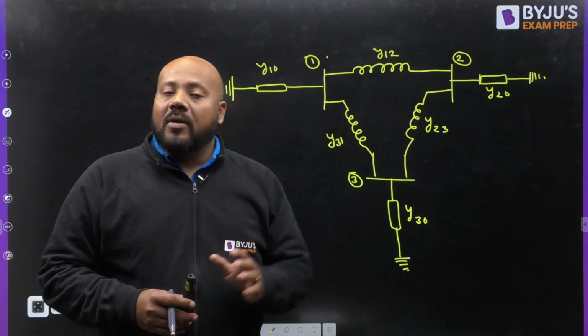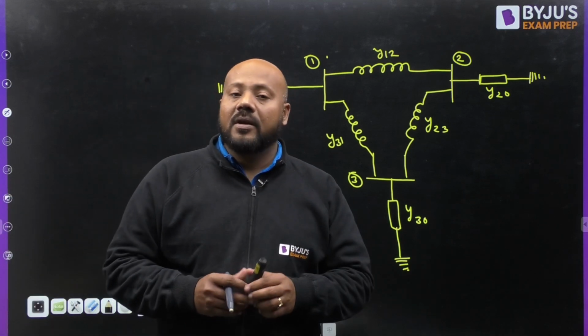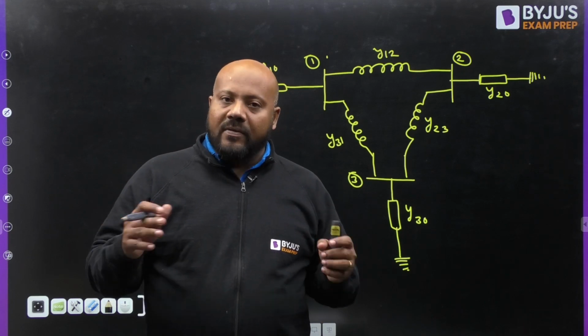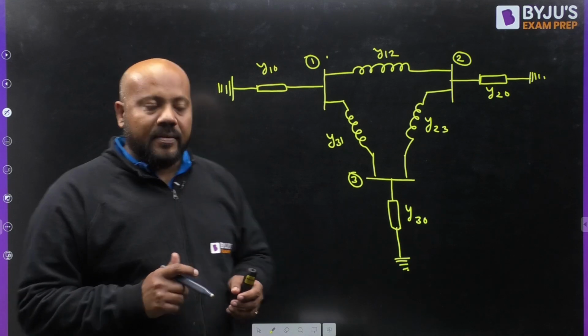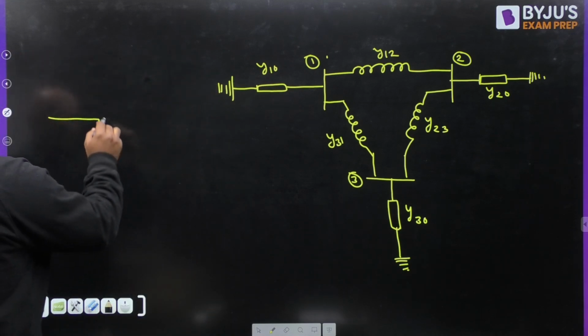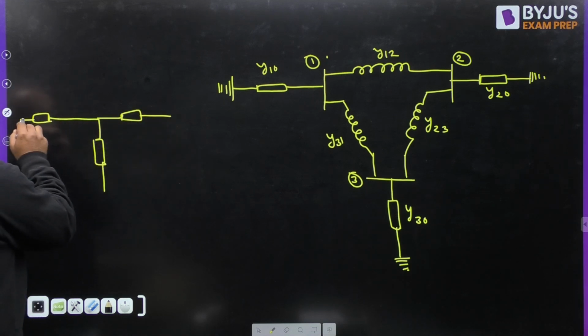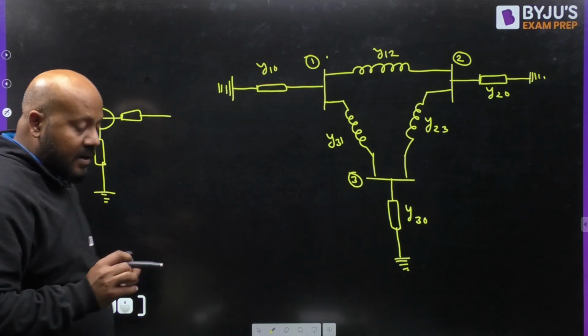Generally, we are using the nominal pi model. Some students may ask me, sir, why are you not using the nominal T model? You can use the nominal T also, but that will make your system more complex because one extra node is going to be added. If you are using the nominal T model, this extra node is going to be added into the system.